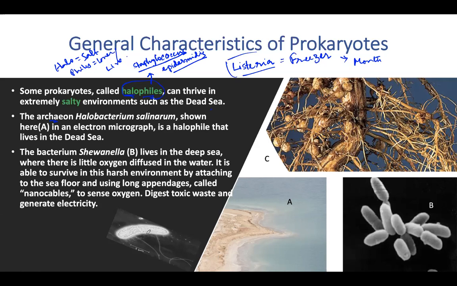They can survive, but Shewanella needs oxygen. It's not that they do not need oxygen. Inside the deep sea, there is a high amount of carbon dioxide and carbon monoxide, and very little oxygen. Shewanella needs oxygen, very little, but still they need it.